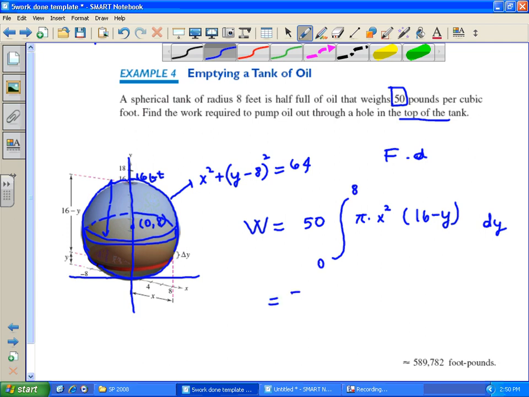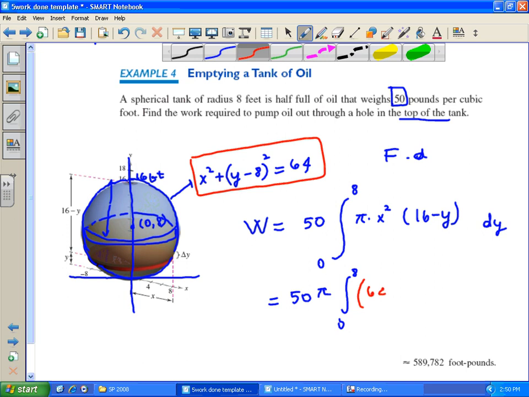The only problem here is the x squared. To replace the x squared, basically I need to come back to this equation on the top and solve for x squared in there. So x squared equals 64 minus quantity y minus 8 squared, which of course we could simplify further.